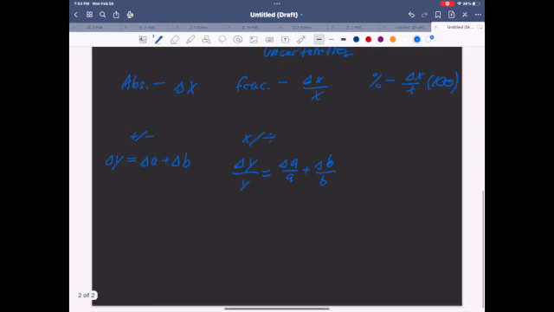And if it is raised to a power, then for y equals a to the n, the fractional uncertainty of y is the absolute value of that power times the fractional uncertainty of a over a. And that's pretty much it.